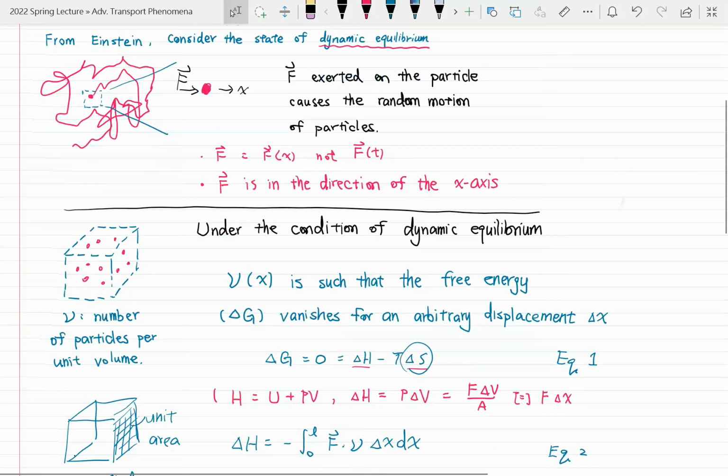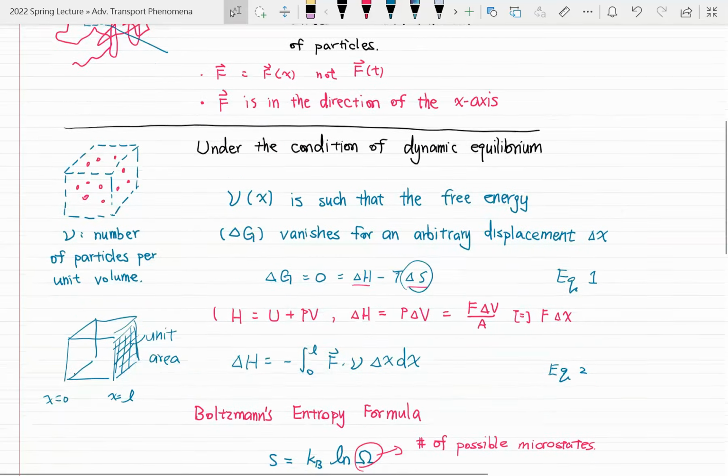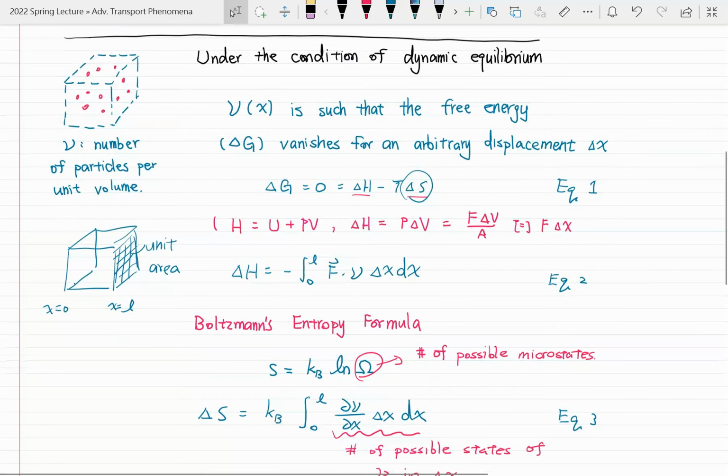Okay, so using thermodynamics, if energy is conserved, that means delta G equals 0. So that means delta H minus T delta S is 0. The delta H here is going to be the collective work exerted on all particles together.